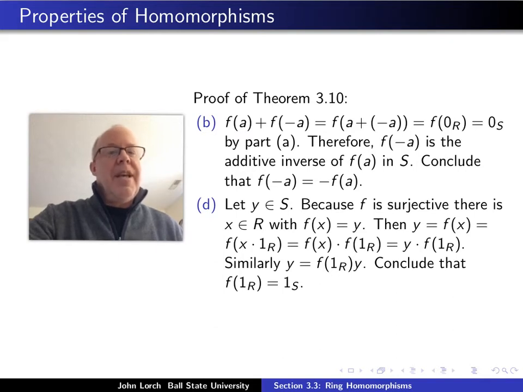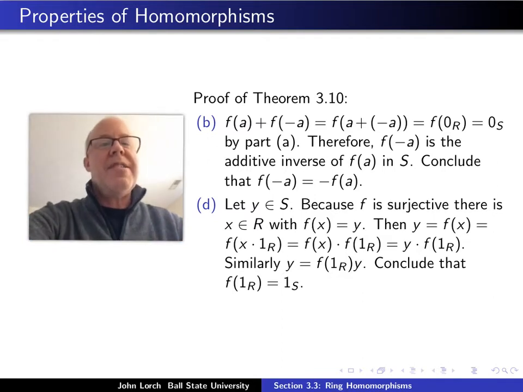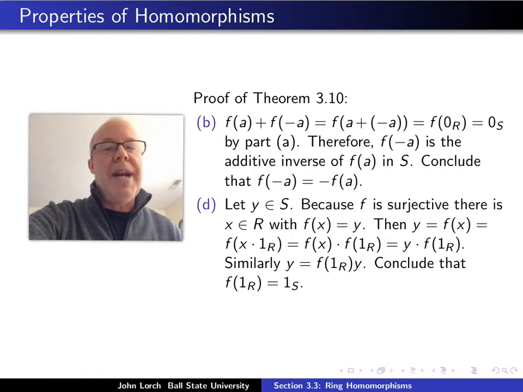Well, if we take F of A and we add F of minus A, then because the function respects addition, we can write that as F of A plus minus A. But A plus minus A is 0.